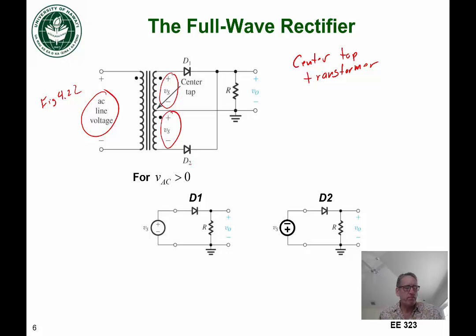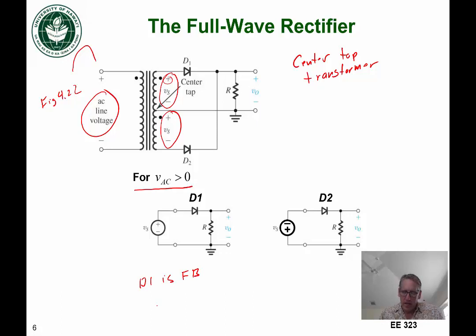So let's look at a specific case. Let's look at the case where the AC voltage coming in is greater than 0. That is, we're in the positive part of the cycle for the AC line voltage. In that case, Vs is going to be positive, and diode 1 will be turned on, forward biased.